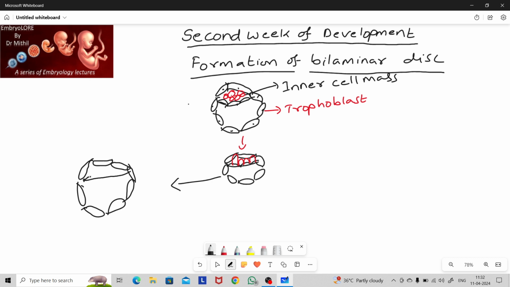That differentiation, low cuboidal, and then that is the low columnar. And here what is happening, the roof is lined by the flattened amniogenic layer. So let me draw once again here. On this end is a bigger picture.